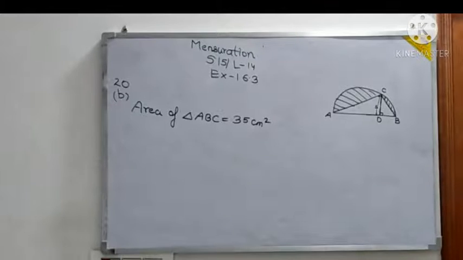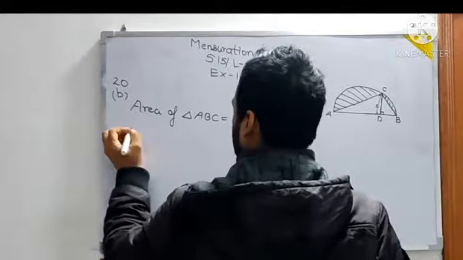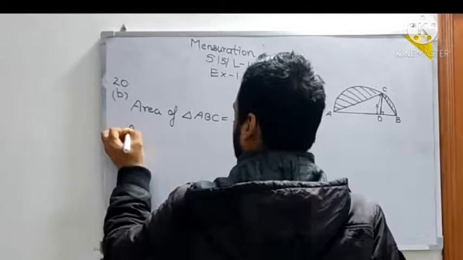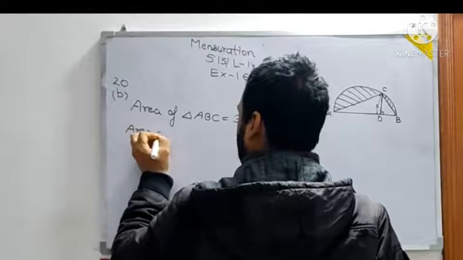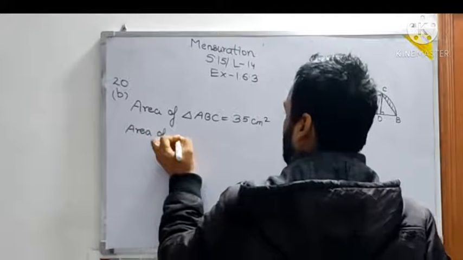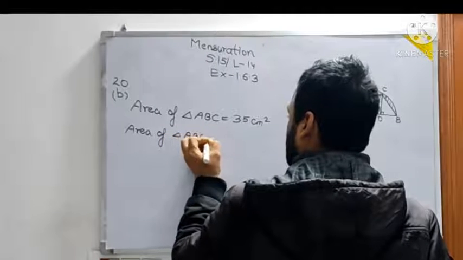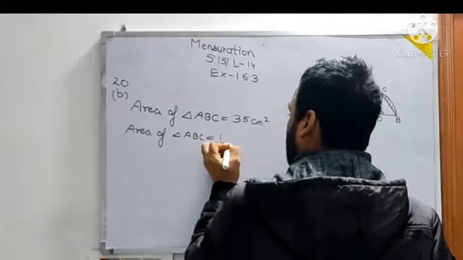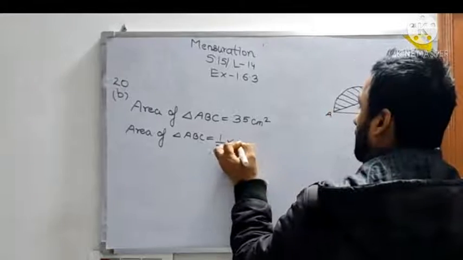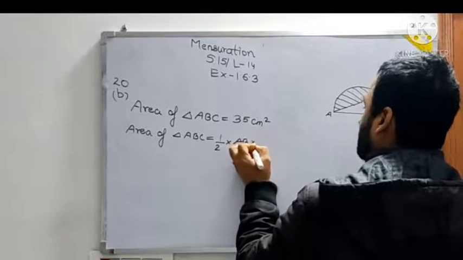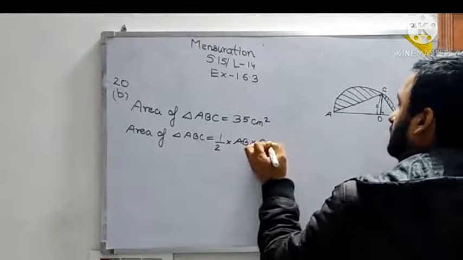See, for this triangle, base is AB, height is 5 centimeter. So let's calculate the base. Area of triangle ABC is equal to half into base AB into height CD.